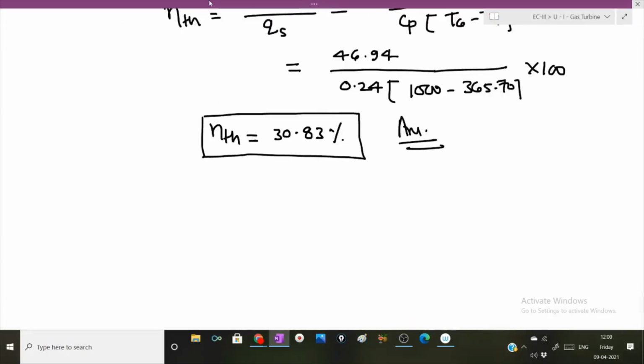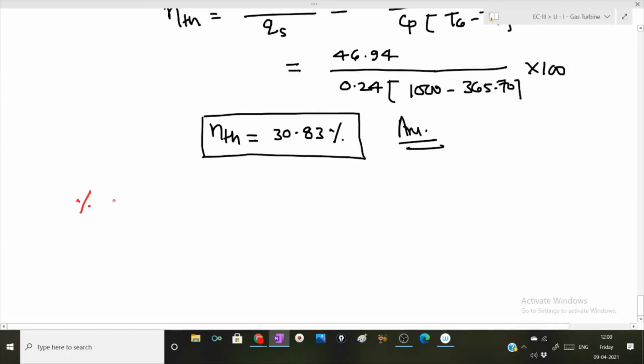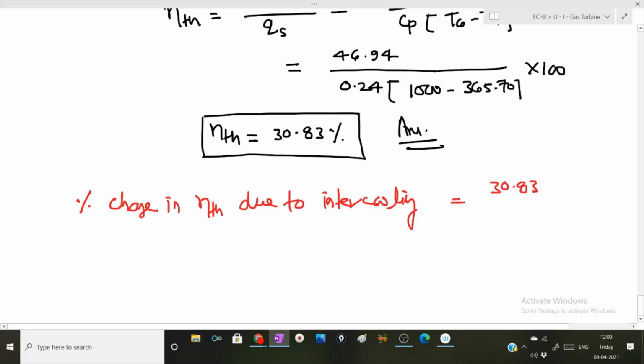So now we can also calculate percentage change in eta thermal due to intercooling. It is decreasing actually. 30.83 and thermal efficiency in the basic cycle was 32.67.